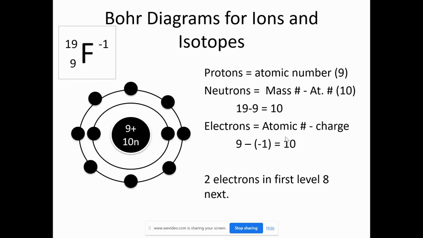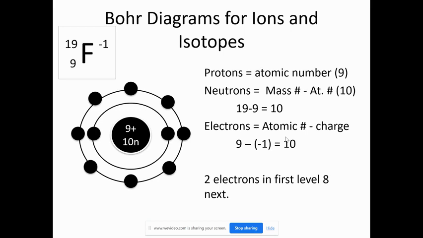Protons is the atomic number, in this case 9. Neutrons is the mass number minus the atomic number, so that's 19 minus 9 gives me 10. And to find the number of electrons, you're going to take the atomic number and subtract the charge. In this case, the charge is a -1.